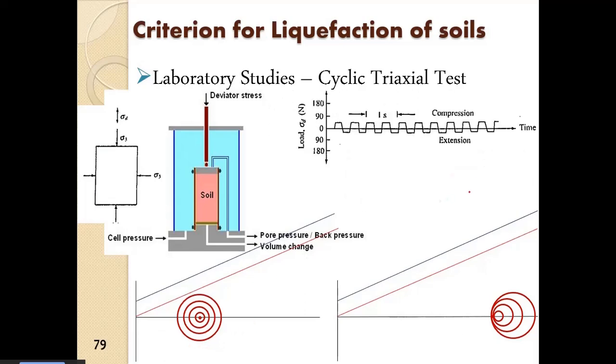We know sigma dash is equal to sigma minus u. So with increase in pore pressure, with the total stress condition remaining the same, it will vibrate. The 200 kPa we have already applied here remains constant, and this will vibrate between 40 kPa and 0.